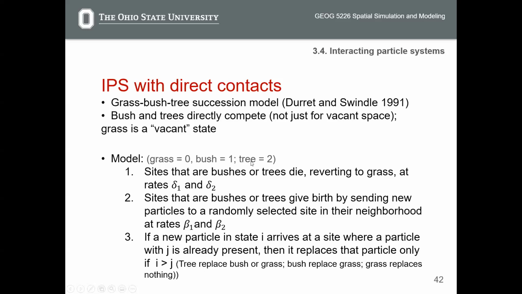It means that tree can invade bush and grass. Bush can invade grass. But bush cannot invade tree, of course. Grass cannot invade bush or tree. So tree replaces bush or grass. Bush replaces grass. Grass replaces nothing.